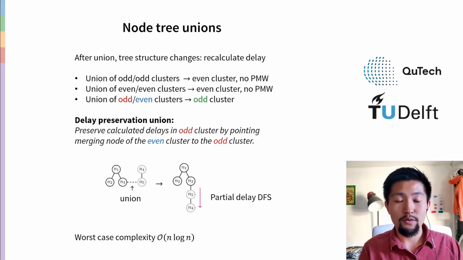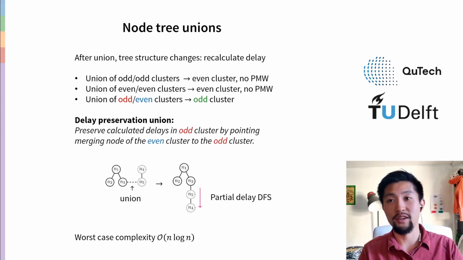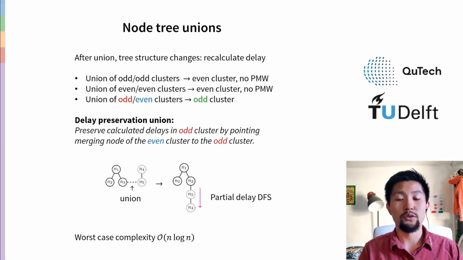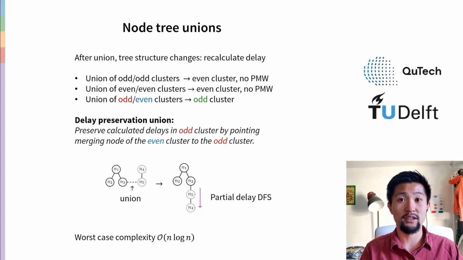Now, as I said before, there are some specific rules involved when we try to merge these node trees, and that's what we will cover here. So after a union of clusters, the node tree structure changes, and because of the change of structure, we have to recalculate the delays. Before we do that, we can classify these unions in 3 categories. The first one is odd-odd, a union of an odd and an odd cluster.